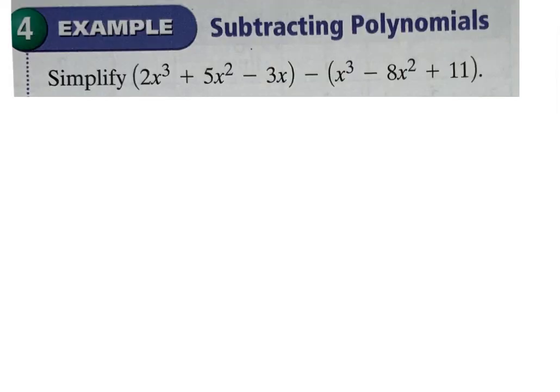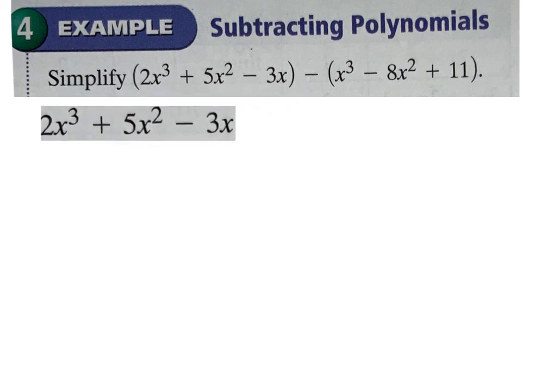We have 2x cubed plus 5x squared minus 3x, minus x cubed minus 8x squared plus 11. And so if you do the vertical method here, you need to be careful that when you set this up, you line these up correctly.